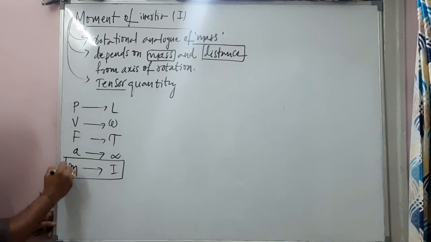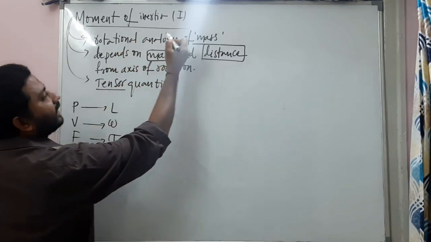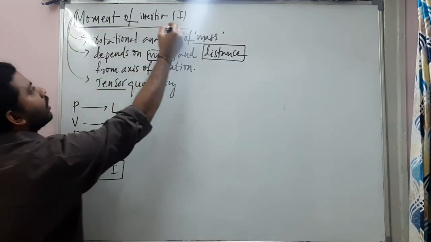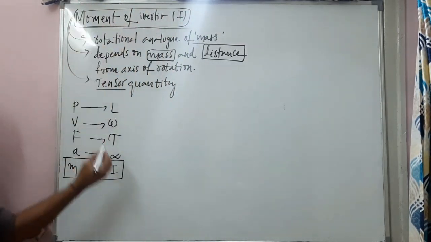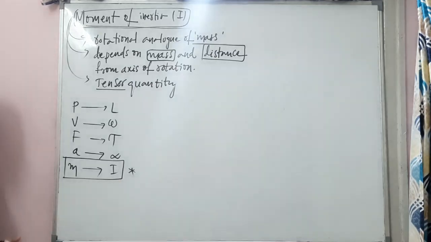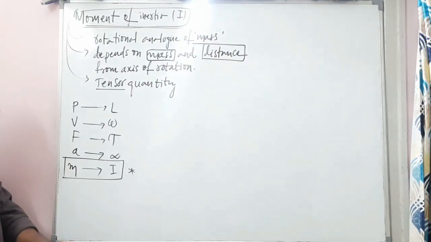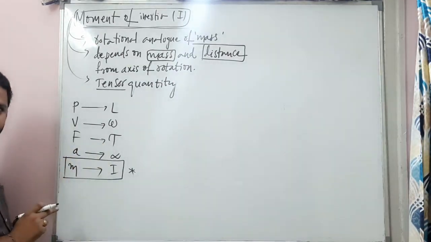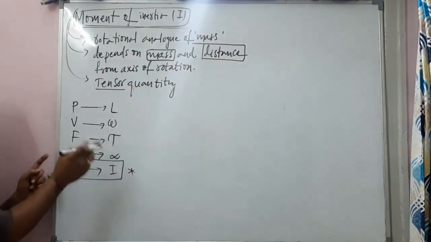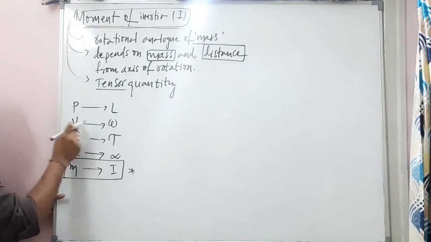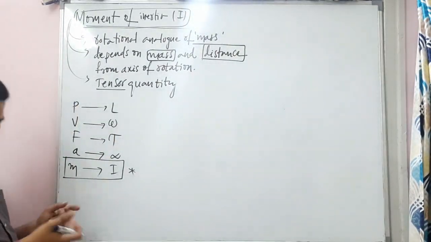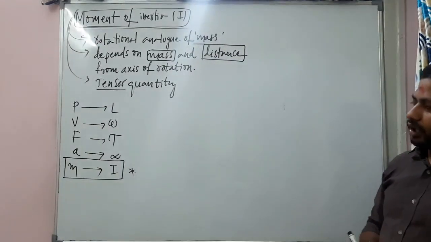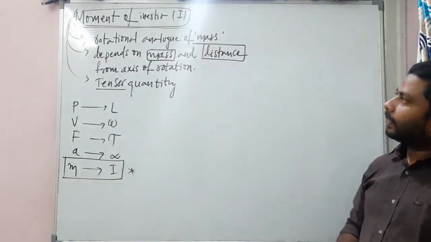Rotational analog of mass is the moment of inertia. Understand? Clear? Rotational analog of force is the torque. Rotational analog of linear velocity is angular velocity. Okay?